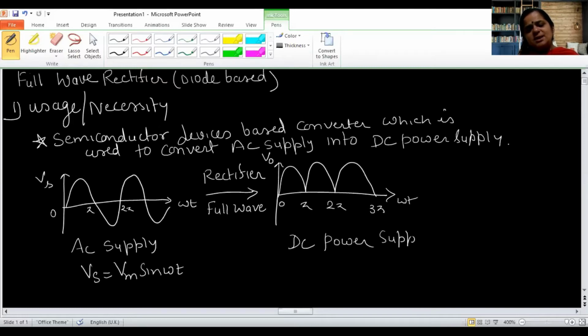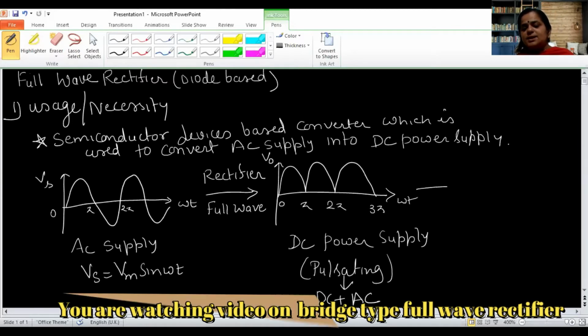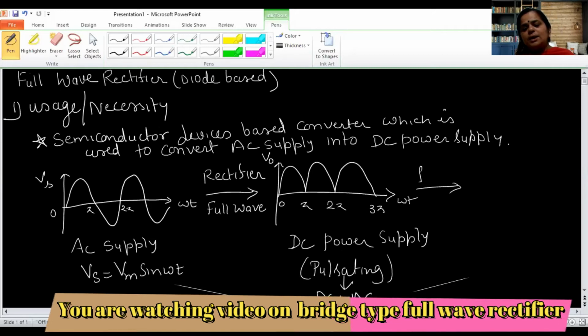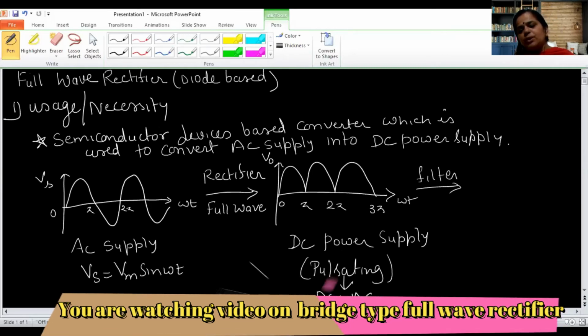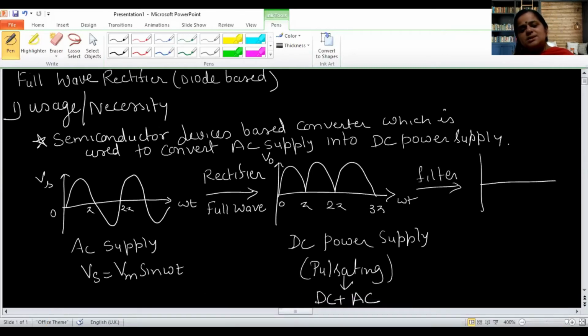But this DC power supply, as you can see, is not a pure DC. It's a pulsating DC. What do you mean by pulsating DC? Pulsating DC means whenever the DC supply has some AC component, it is called a pulsating DC. If you want to convert that pulsating DC into a pure DC, you can pass it through a filter circuit.